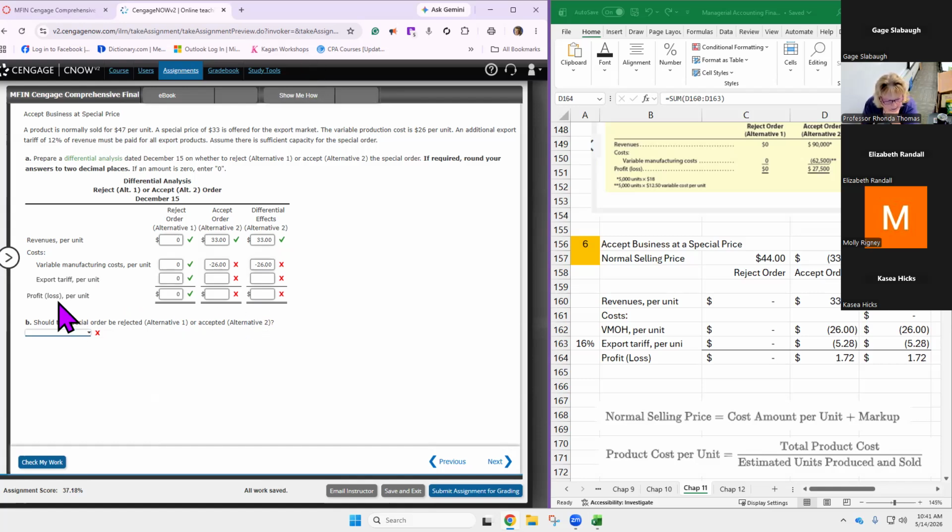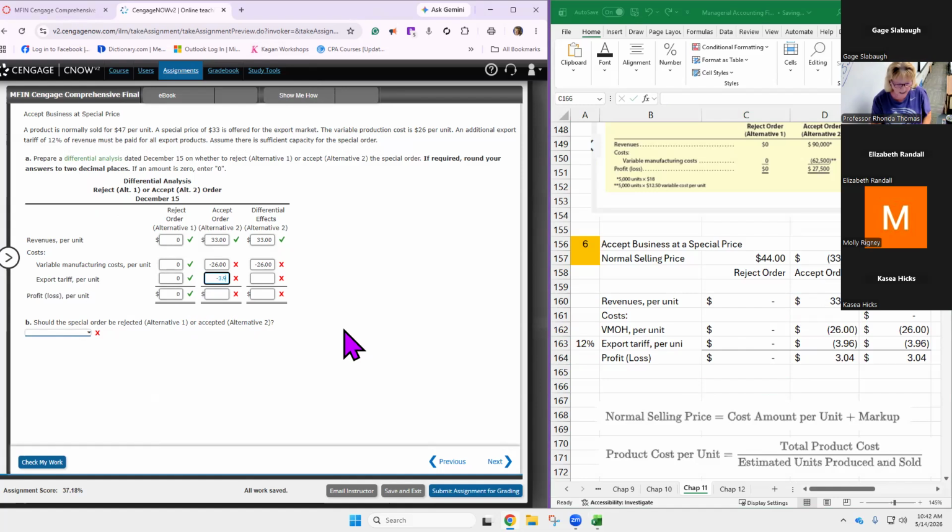Okay. And now this export tariff, it says to take 12%. It calculates 12% of the revenue, and this is an additional expense. So that number is $3.96 as an additional expense.